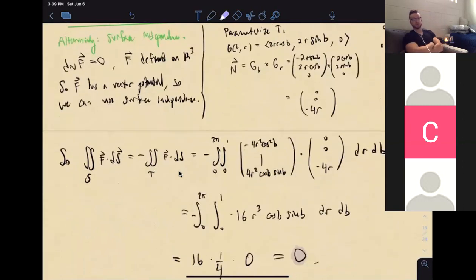Okay, so private question is, for surface independence, could you parameterize the xy plane, specify bounds in polar coordinates, and solve the double integral over t instead of s? I think that's what we just did, right?